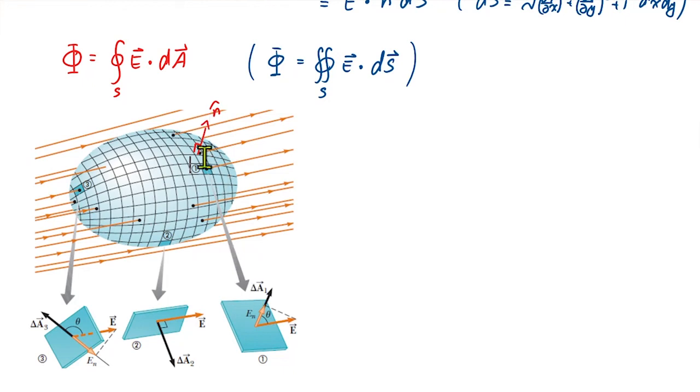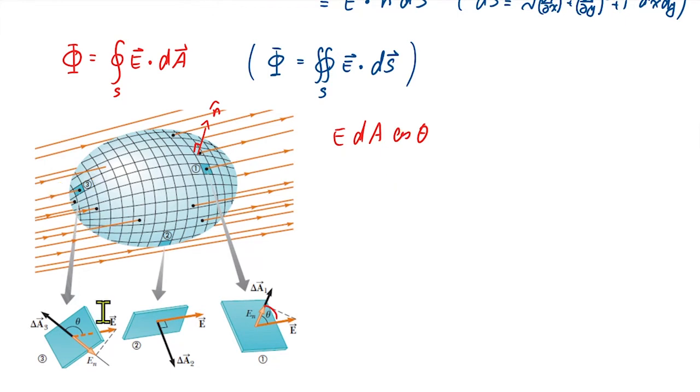So if the field is coming out, then the angle between the field and our normal vector is acute. Therefore, it counts as a positive count. You know what I'm saying? E dA cosine theta, right? In this case, this is an acute angle, so cosine theta is positive.